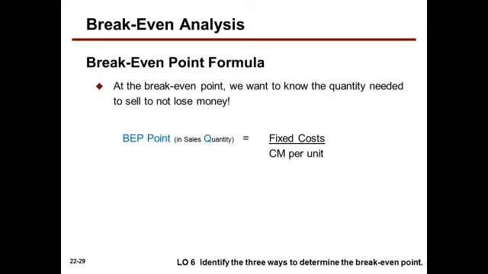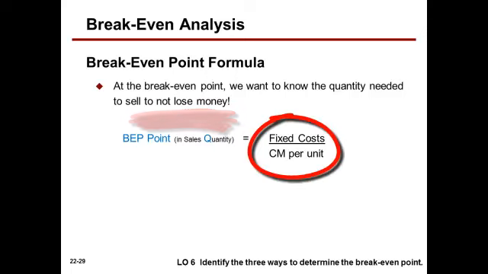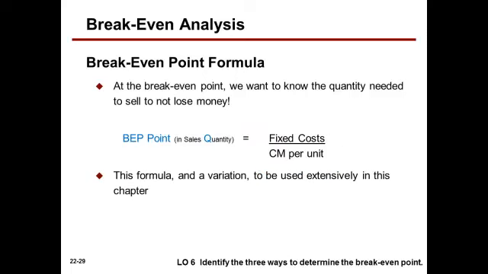Let's recap what we just did here. At the break-even point, we want to know the quantity needed to sell to not lose money. The BE point in sales quantity equals fixed costs for the company divided by contribution margin per unit. This formula and a variation will be used extensively in this chapter.